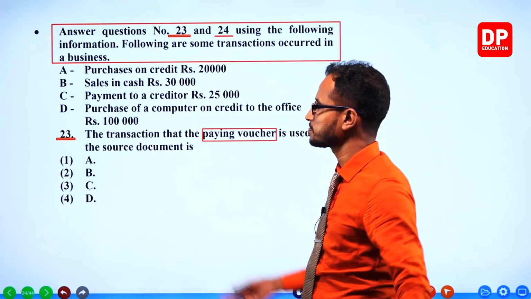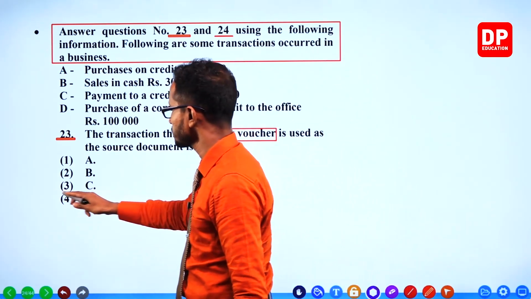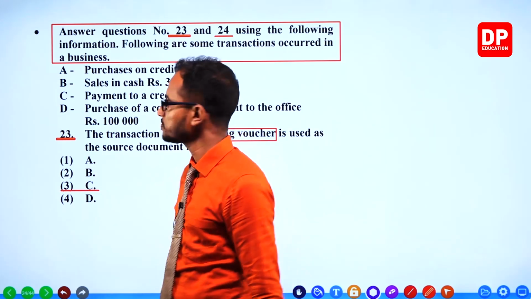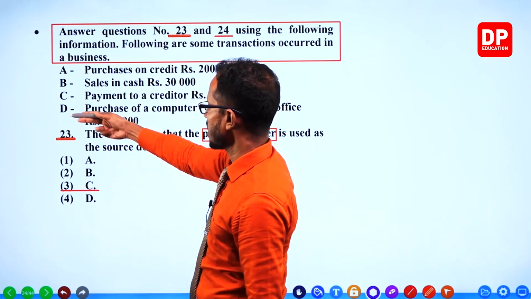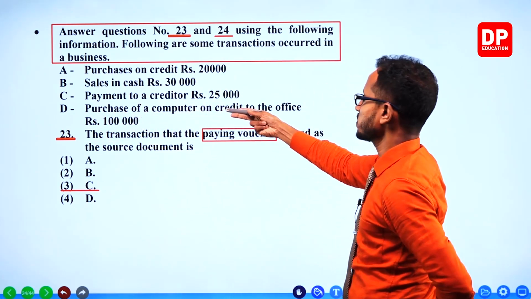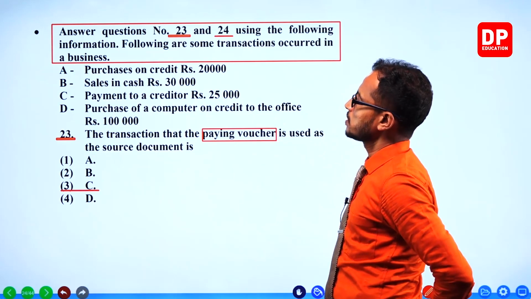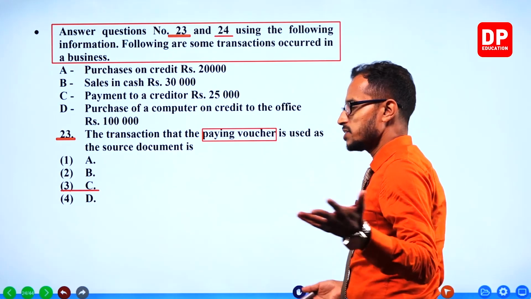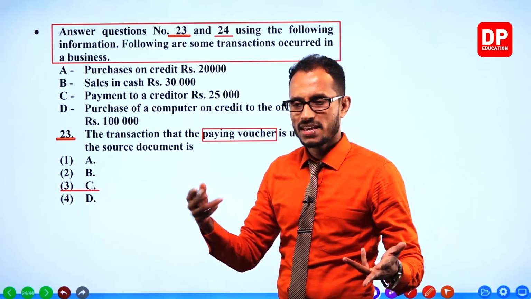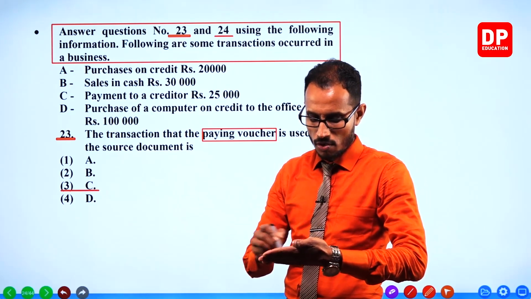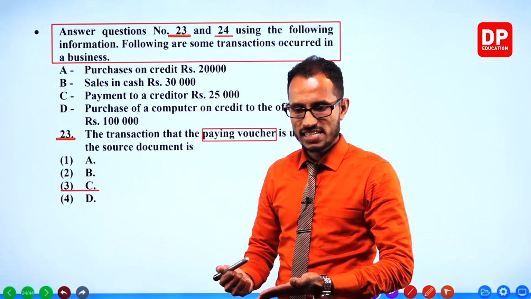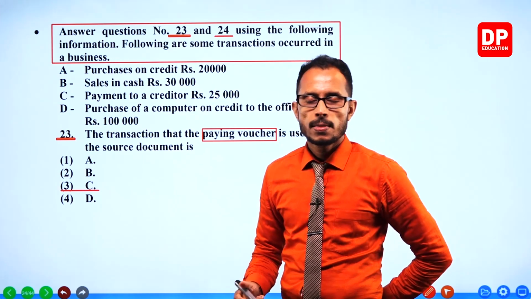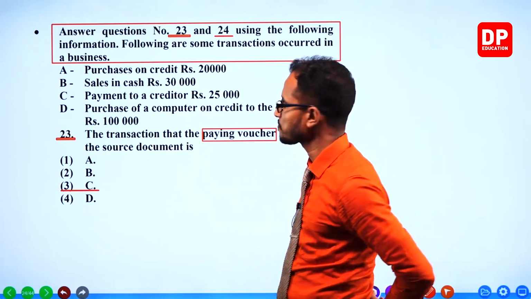See, easy, right? The last one, purchasing of a computer on credit, is also on credit. No cash involved. A paying voucher is issued with the paid seal for a cash payment.